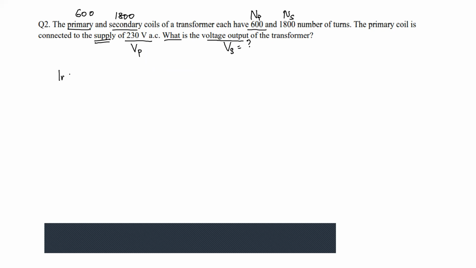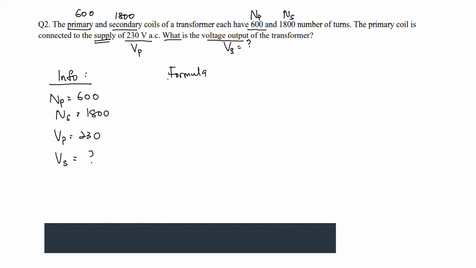So first, our info. NP is 600 and NS is 1800. VP is 230. VS is don't know.